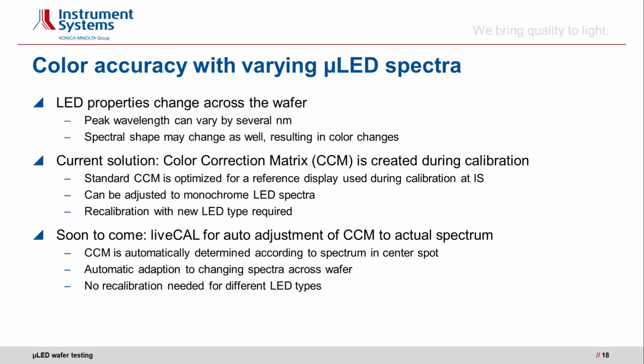The CCM is automatically determined according to the spectrum in the center spot, and it allows an automatic adaptation to changing spectra across the wafer. In this way, you don't have to recalibrate your Lumitop if you go to different LED types.